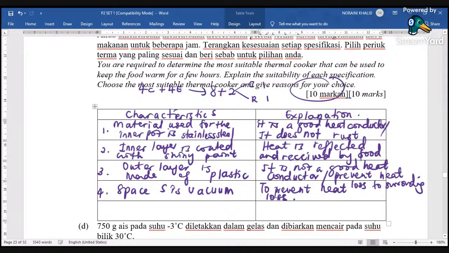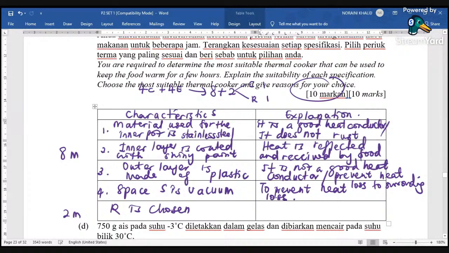Okay. And then for this one you get 8 marks already. 1, 2, 3, 4, 5, 6, 7, 8. Okay. And then another 2 marks: you must write which one you choose. So R is chosen. Why? You just copy again the left side here.